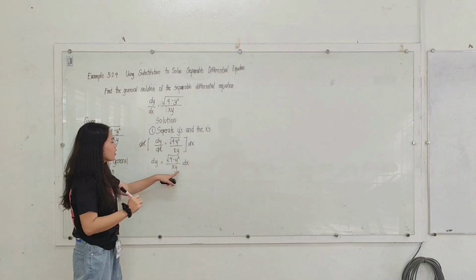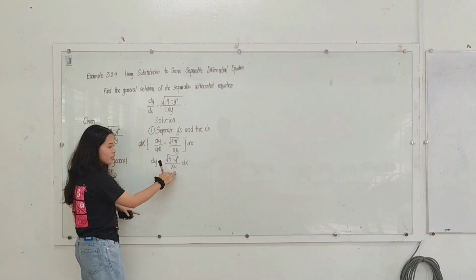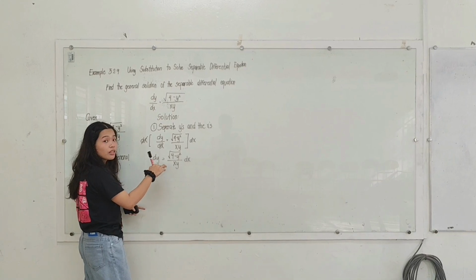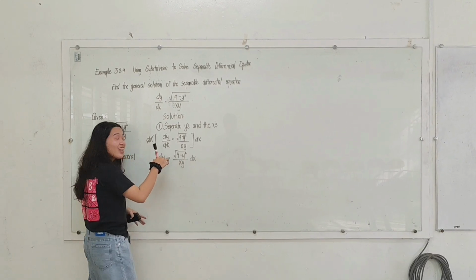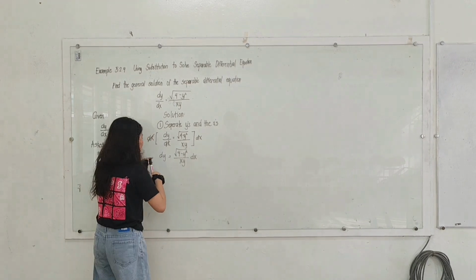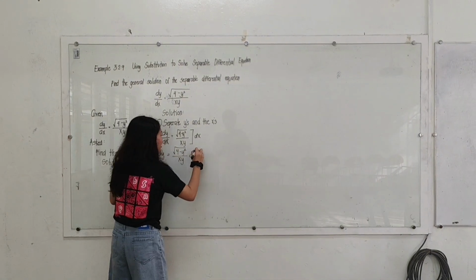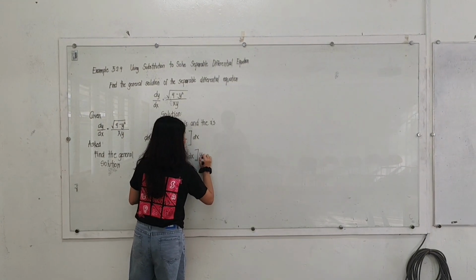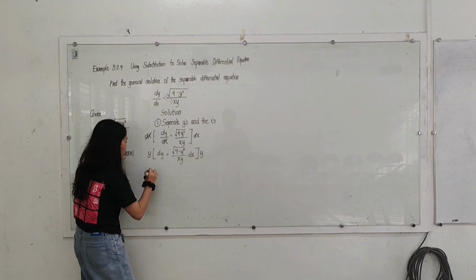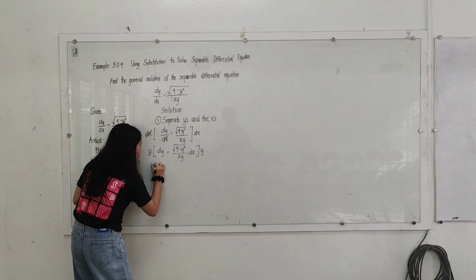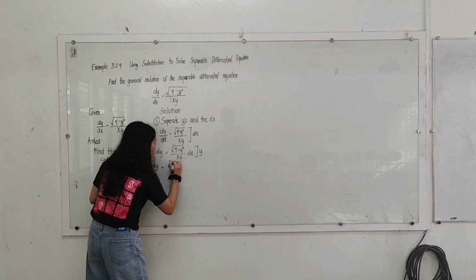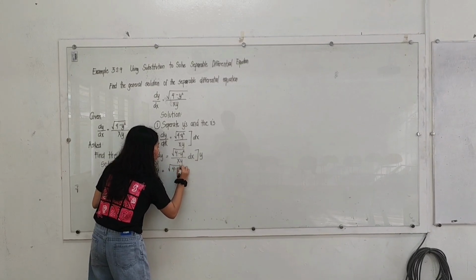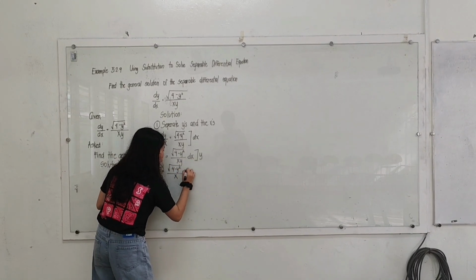Then we will also multiply by y so that we can transfer the y to the left. So let's multiply both sides by y. So y dy is equal to the square root of 4 minus y squared over x dx.